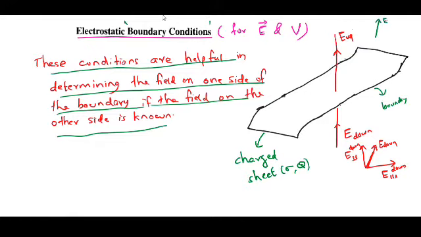Okay, fine. Now we are calculating the difference in the electric field E when the boundary of the charged sheet is crossed. That is, when this electric field crosses this boundary, we will calculate what is the difference in the electric field.